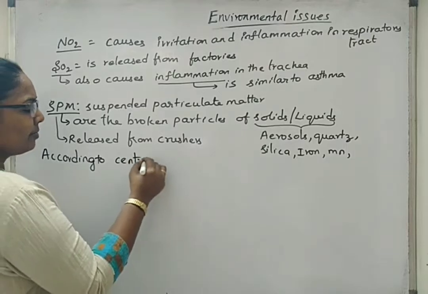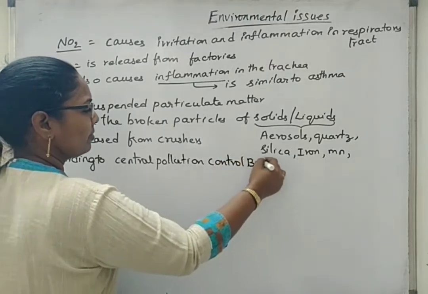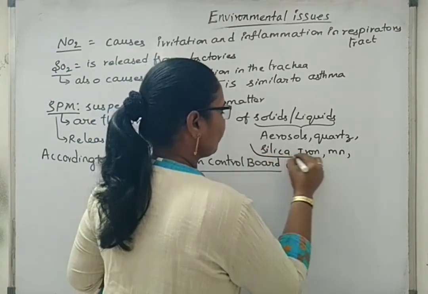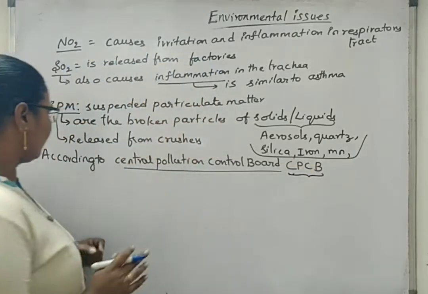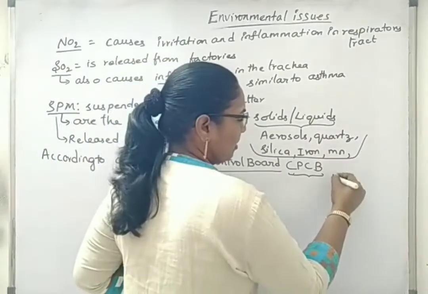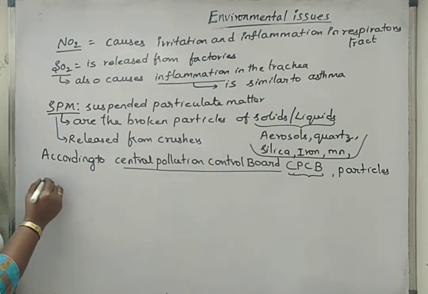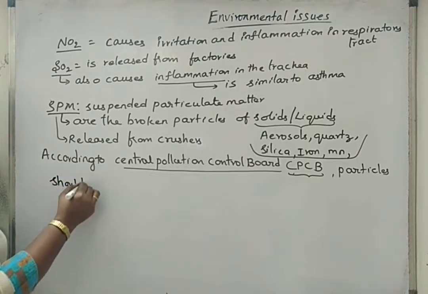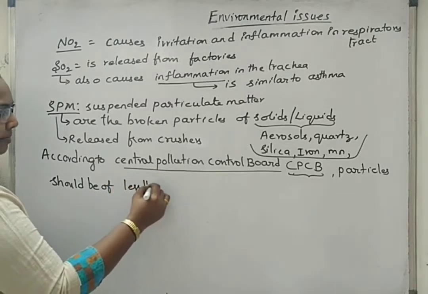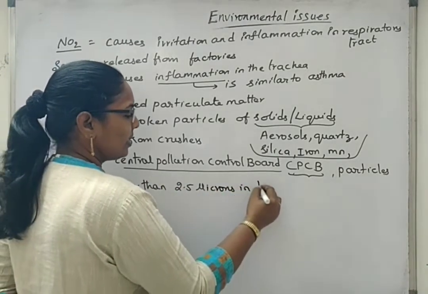So, according to the Central Pollution Control Board, written as CPCB, one of the organizations, the suspended particulate matter or the particles should be less than 2.5 microns in diameter.